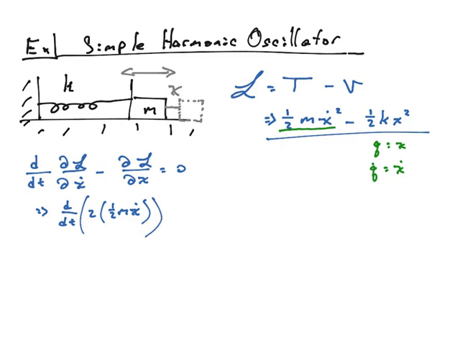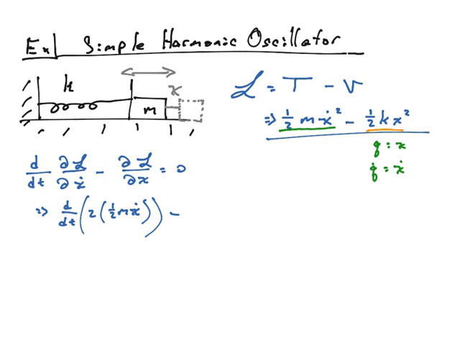All right, then minus the partial of L with respect to x. So I look in my equation. Where do I see x's? Again, I need only the explicit terms with x, not x dot, x double dot, or anything like that. So the only place I see just a plain old x is right here.